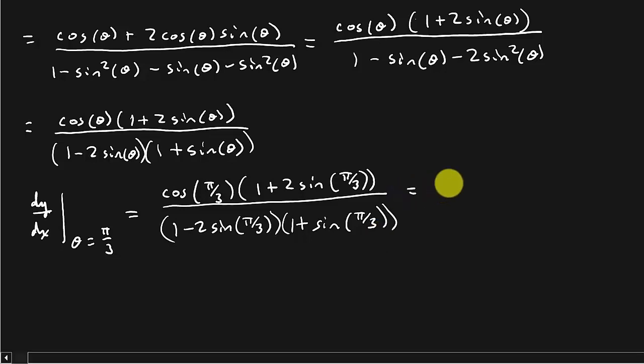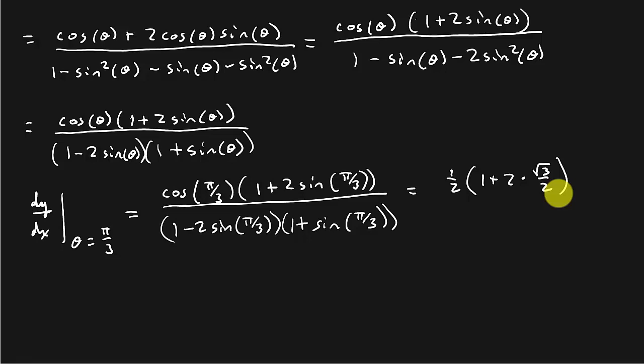So this is going to be what? 1/2, cosine of pi over 3 is 1/2, times 1 plus 2 times, and then the sine of pi over 3, that's square root of 3 over 2. You have to know those. Okay, sine, cosine, and tangent of pi over 3, pi over 4, pi over 6. You've got to know those. If you don't know them, then you need to learn them.